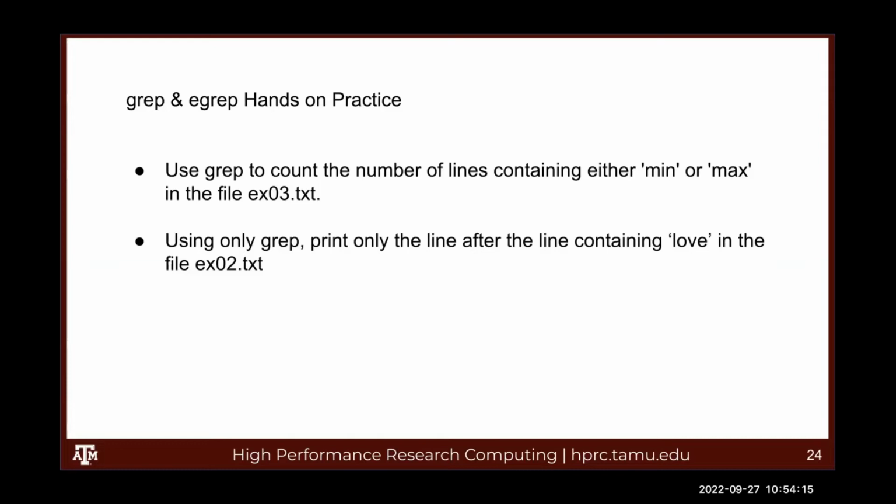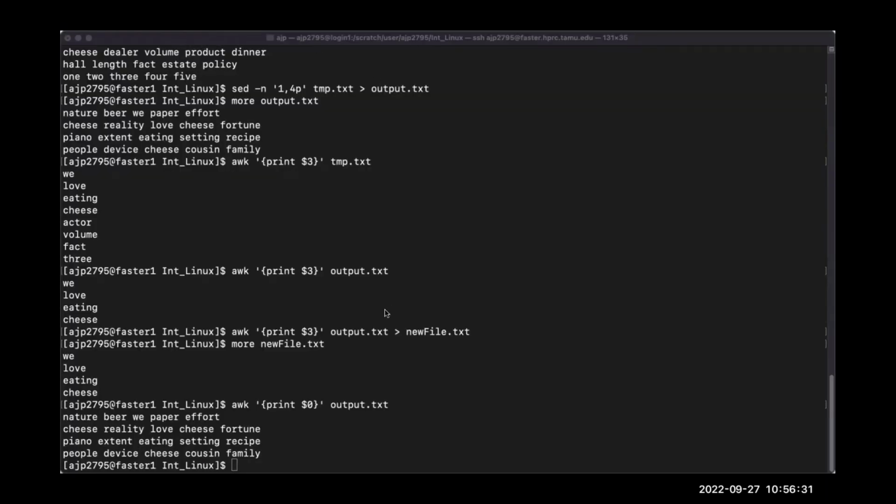And then this is kind of the use case I was describing before, but using only grep, print only the line after the line containing love in the file ex02.txt. So that's where you string together grep -A and grep -v.